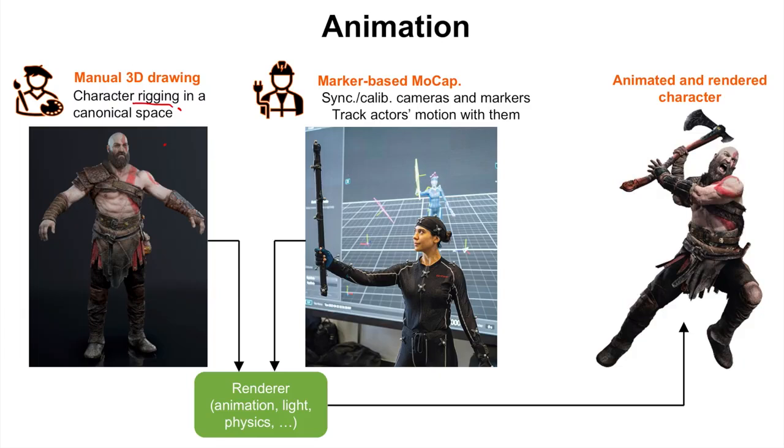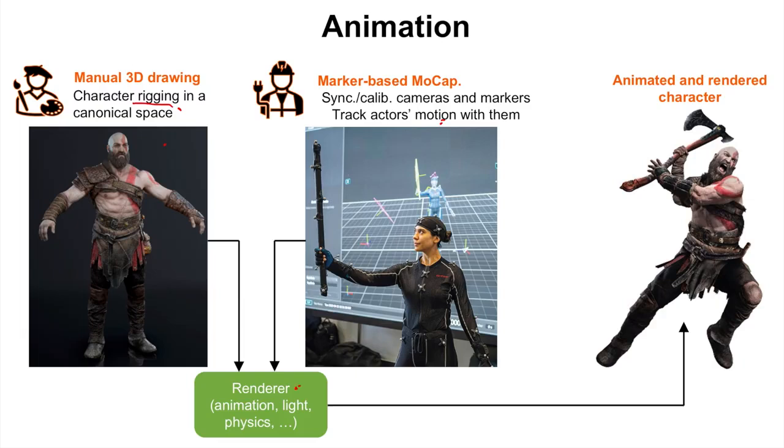And then we can use marker-based motion capture, or we can use markerless motion capture. Anything is okay. With markerless motion capture, we can estimate 3D human pose from images or videos. Anyway, we prepare some canonical character, and then we have some motion information. Then we combine them in a mathematical way to get an animated and rendered character.